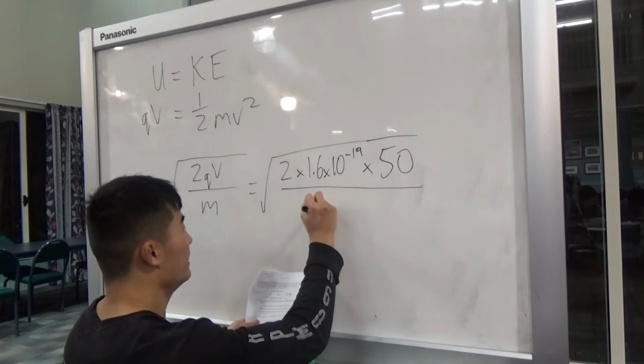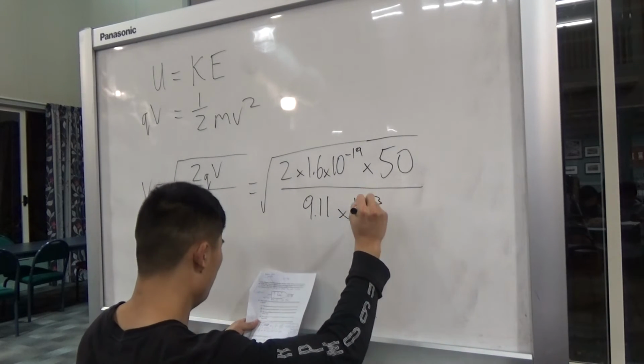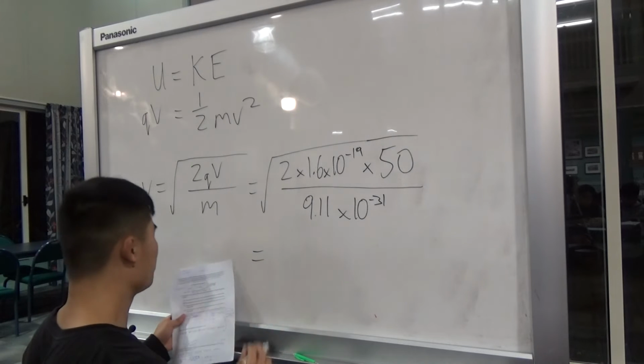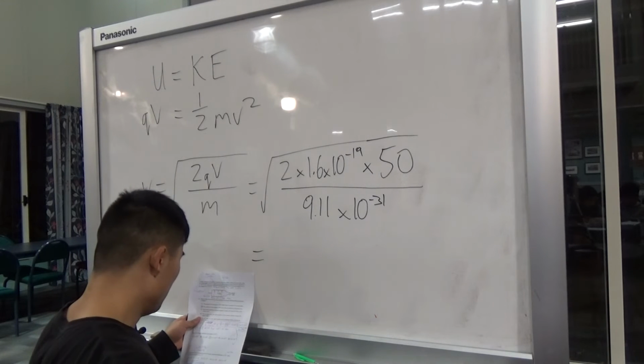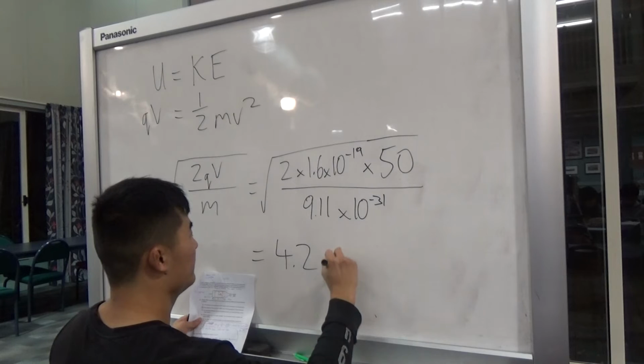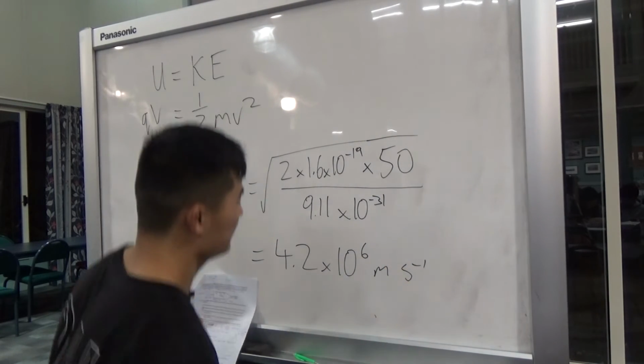That's 9.11 times 10 to the negative 31 kilograms. And that will give you 4.2 times 10 to the power of 6 meters per second.